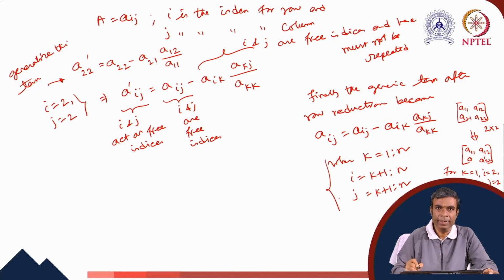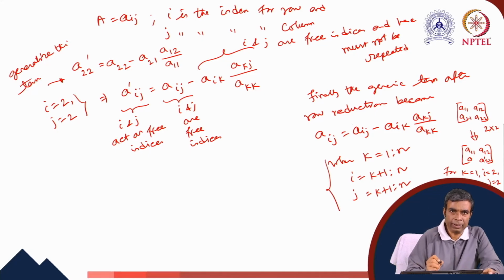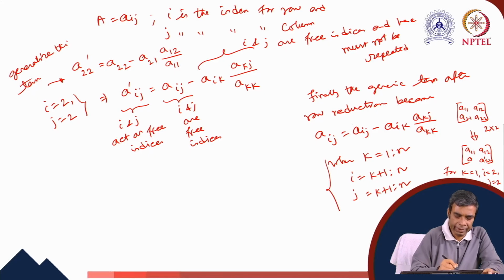So with these indices, our row reduction formula can be converted into a pseudocode.